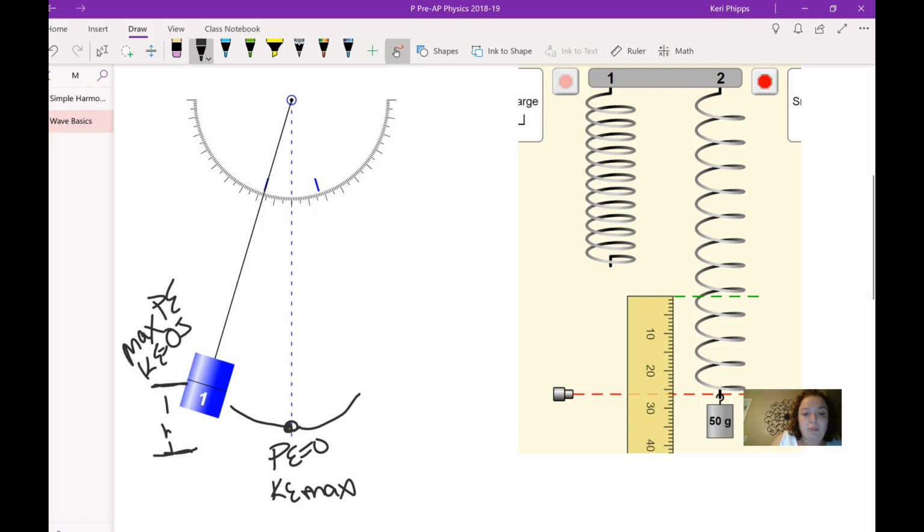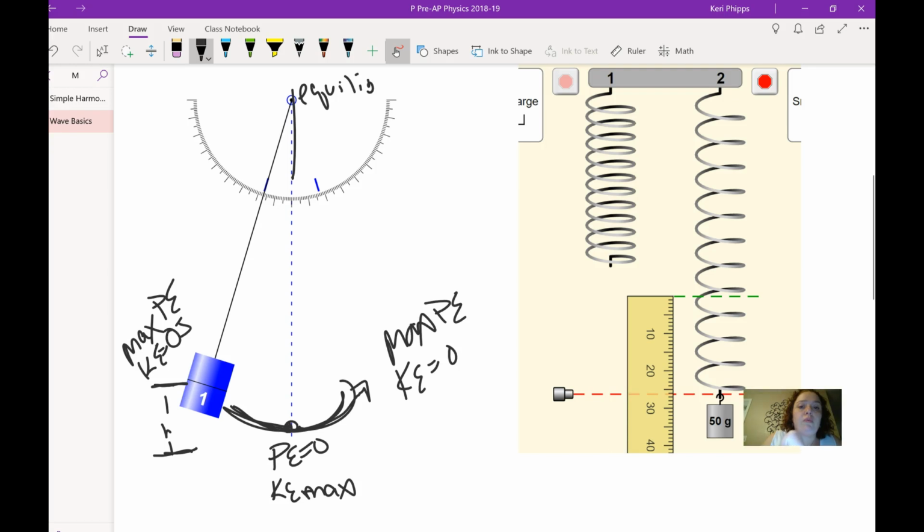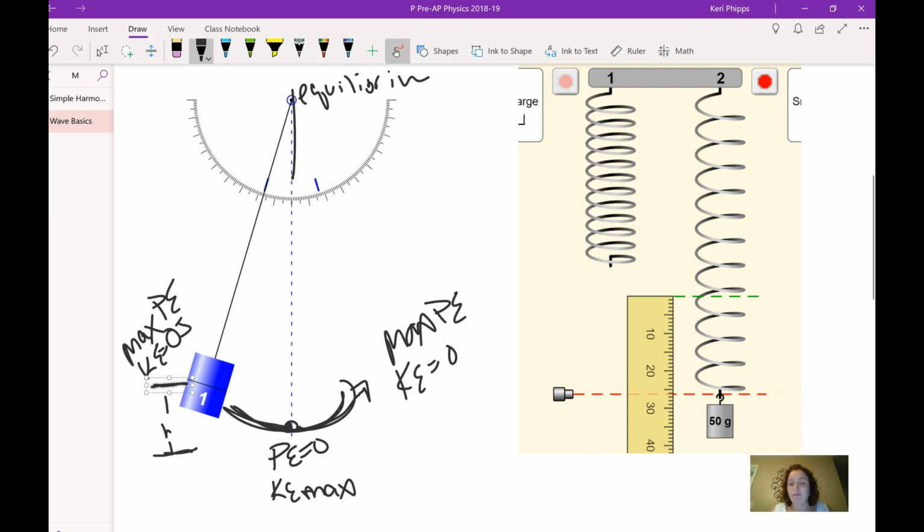Then it comes up here, and again we have maximum potential energy and kinetic energy equal to 0. It keeps doing this back and forth over and over until finally the restoring force has worked its magic and it's at equilibrium. Remember, equilibrium is that blue line. So that's what a pendulum is, and that's how we've known about it. Something similar happens with the spring.